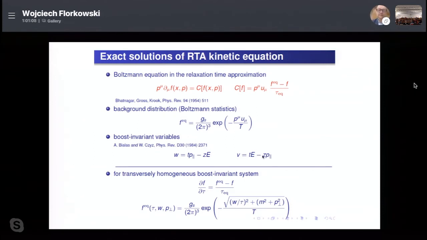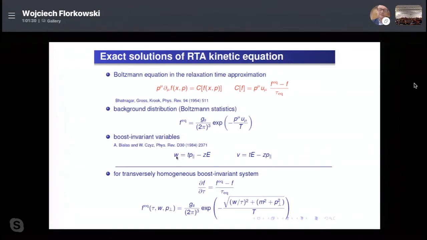So the distribution function for longitudinal boost-invariant expansion, and for systems which are uniform in the transverse space, depends really on proper time and w.